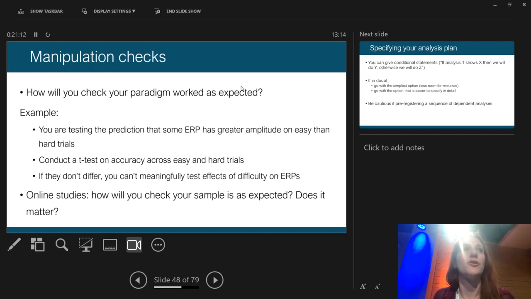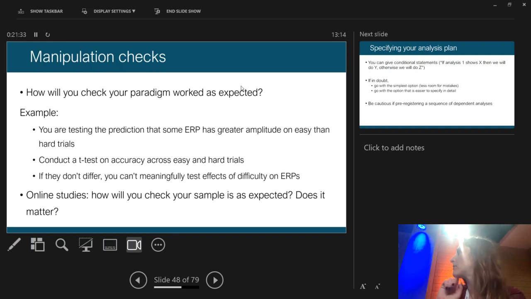Because if people aren't doing better on easy things than hard things, then they're not really easy and hard. So this would be a straightforward manipulation check. If it doesn't come out, you just can't meaningfully test any sort of brain responses to difficulty in your study because you don't have a difficulty manipulation.